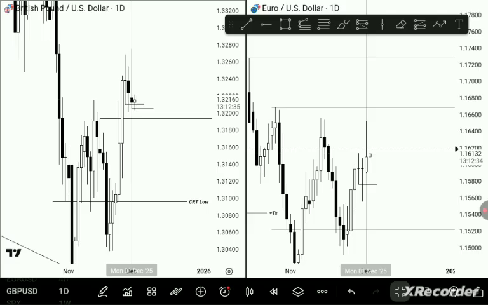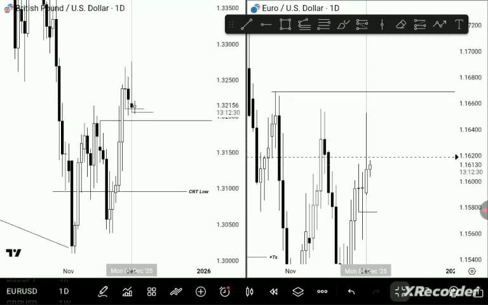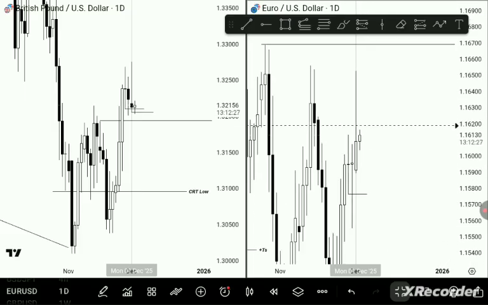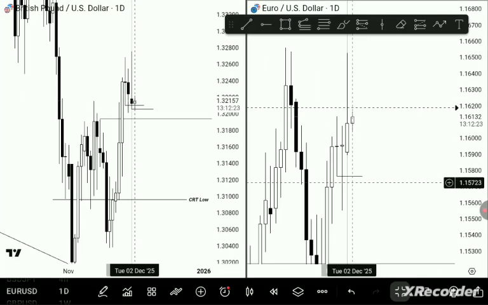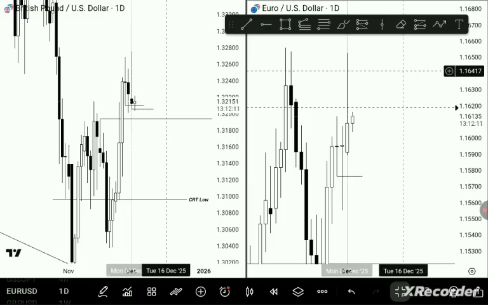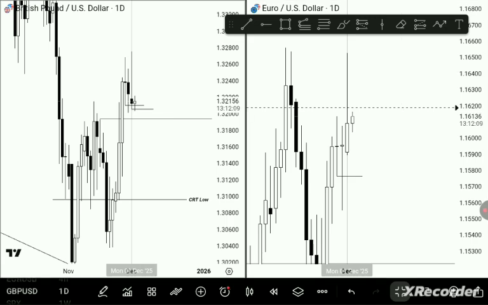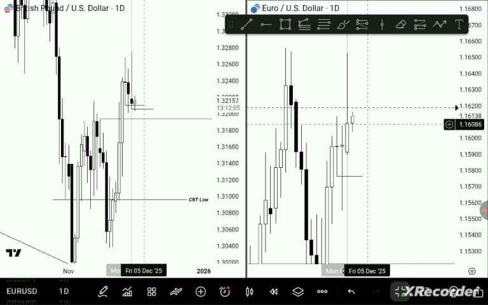Then after it has passed, you use it as a foundation to predict other days that are to come. And if you look closely, Monday's low right here on Euro USD was not purged, but on GBP USD it was purged, which is an SMT, which can potentially raise prices. So that automatically made my bias for today bullish.